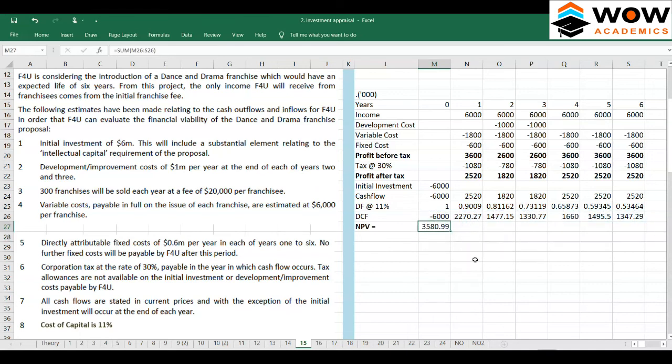So we get a value of 3580. As it is a positive number, what would be our suggestion? As NPV is a positive value, we can accept the project, right? So that's about the sum here.